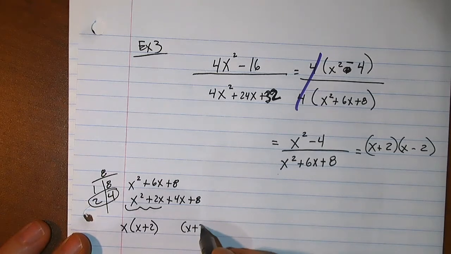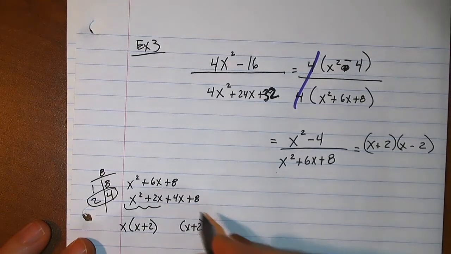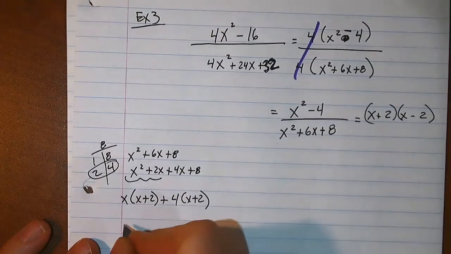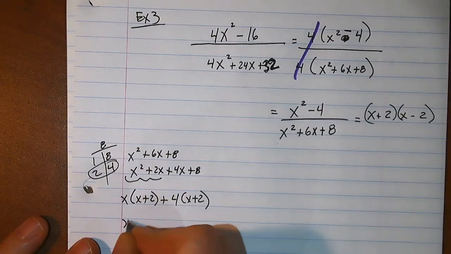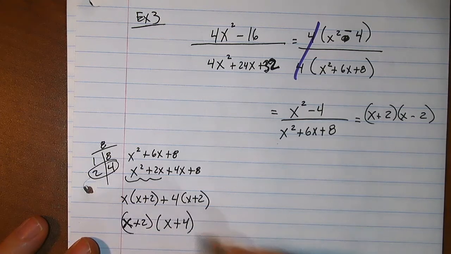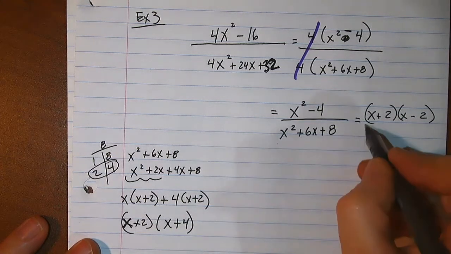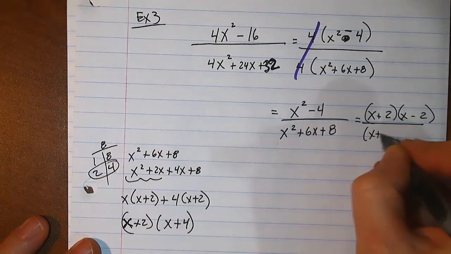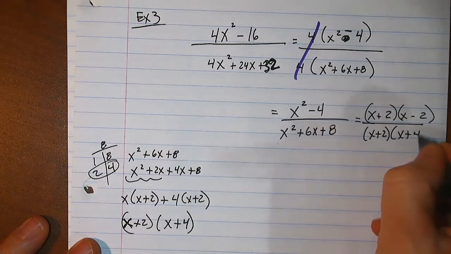This has to have the same stuff in parentheses. So dividing 8 and 2, I must have taken out a positive 4. So I've got my common part is an x plus 2. And then the different part is an x plus 4. So that's what my bottom becomes. The bottom becomes x plus 2 times x plus 4.